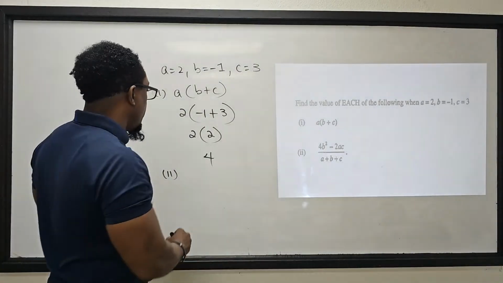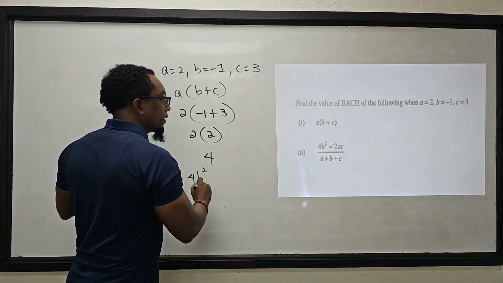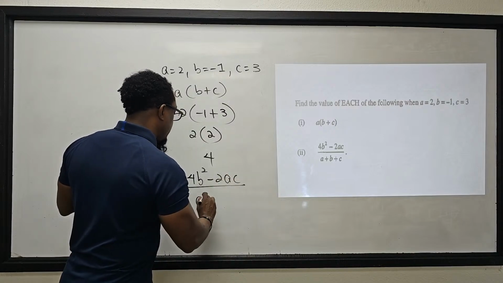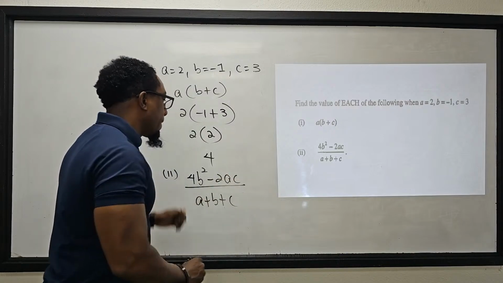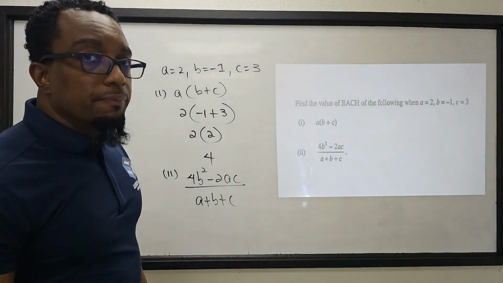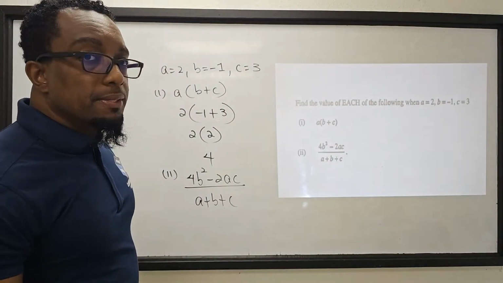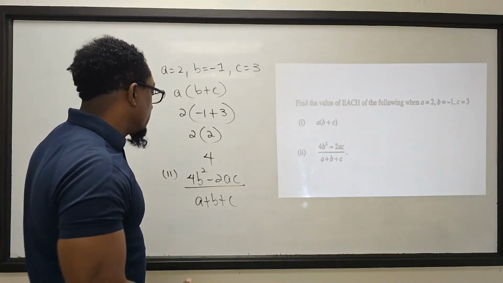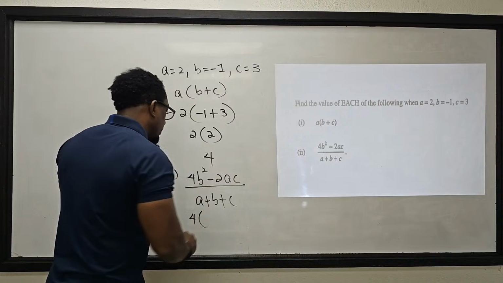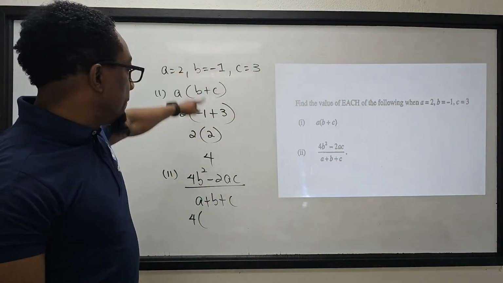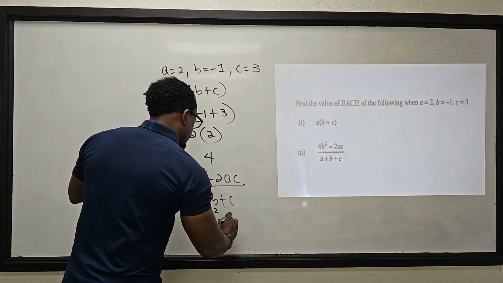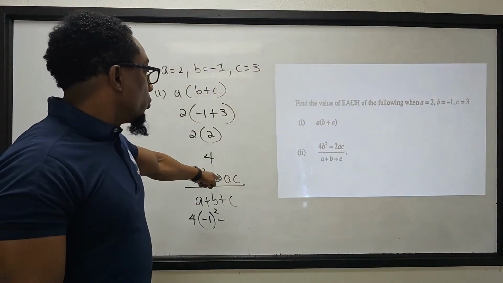So we have 4b squared, subtract 2ac all over a plus b plus c. So let's replace all the variables with the numbers given. All the letters you see, they're called variables. This is 4. Open brackets, I'm going to replace b with -1 in brackets squared. Subtract. Now, 2ac.